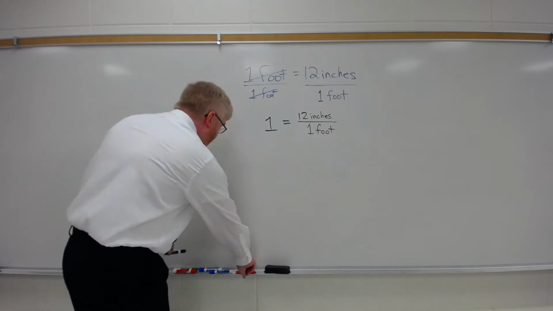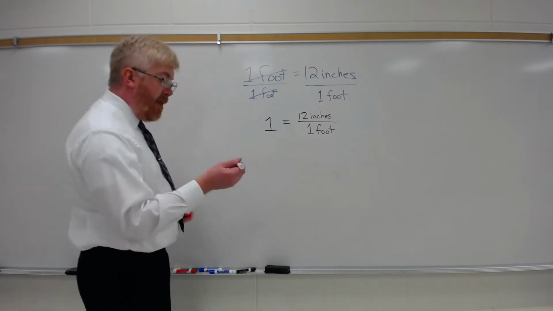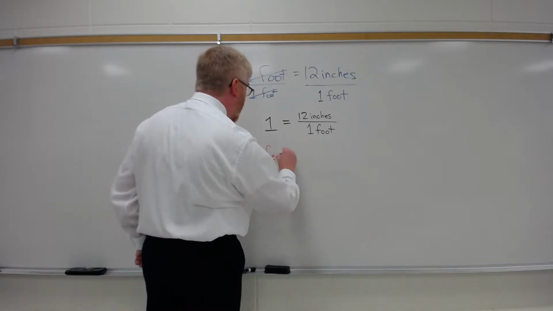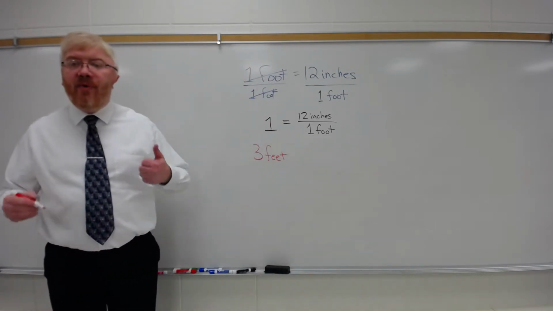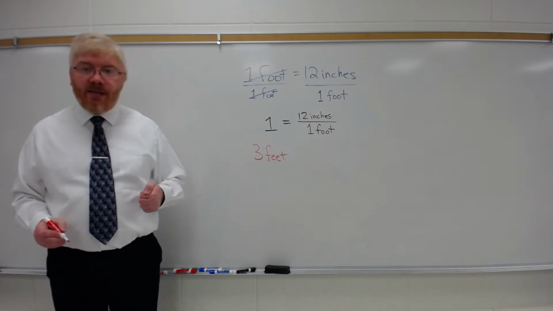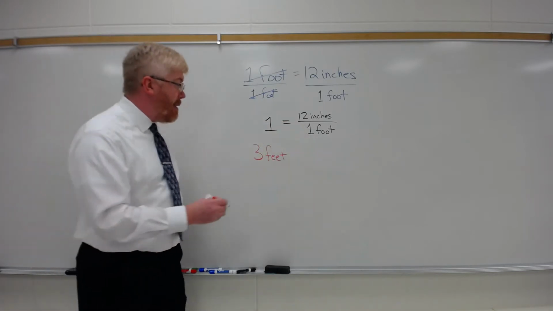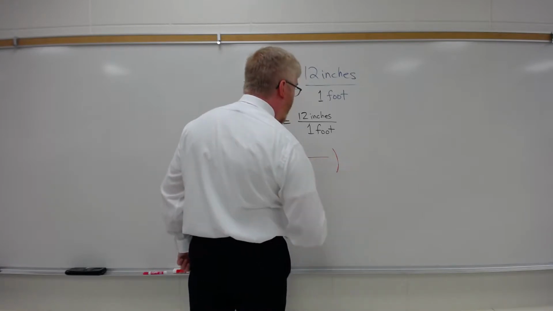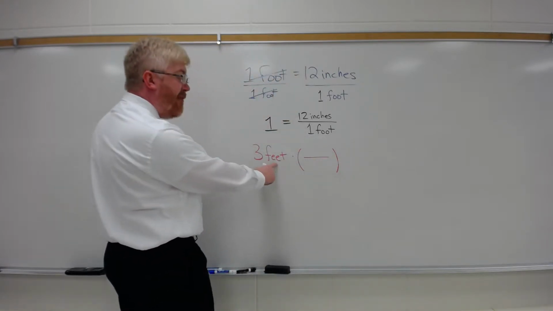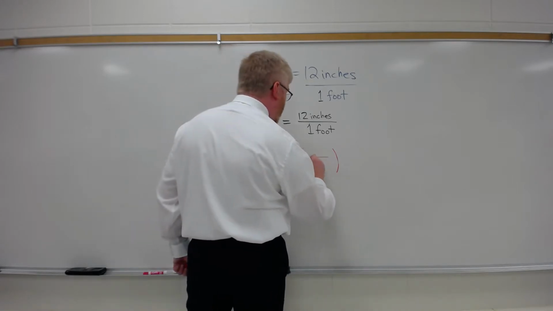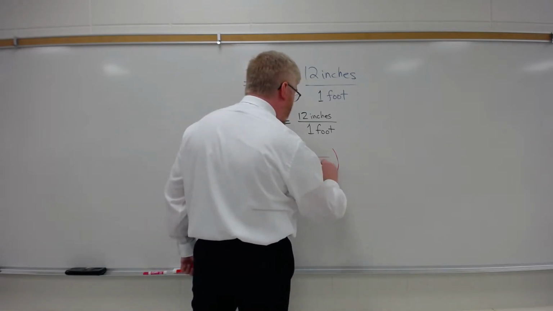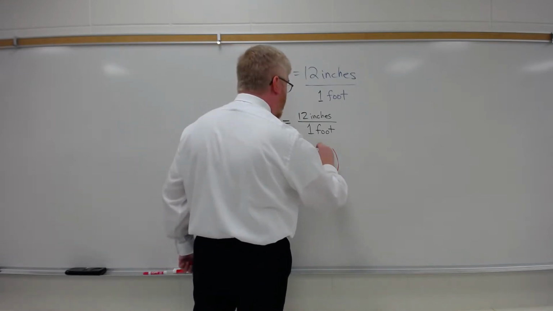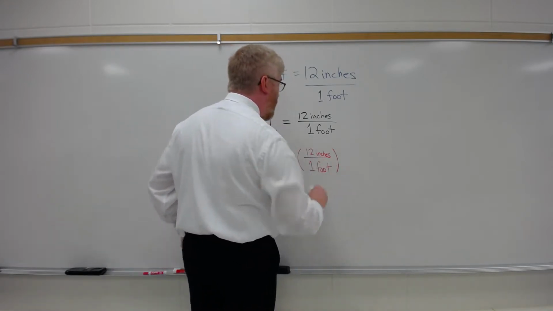So if I'm trying to convert a number, for example, if I have 3 feet and I want to convert that 3 feet into inches, I can multiply it by a ratio that's equal to 1. Now I want to get rid of feet, so I'll put that in the denominator. I want inches, so I'll put the conversion in the numerator.